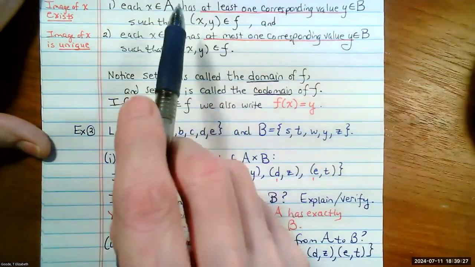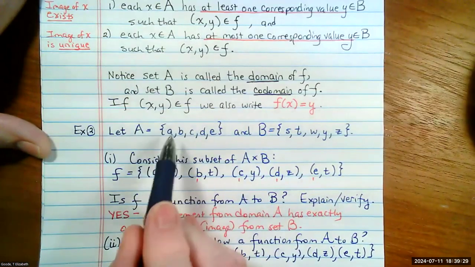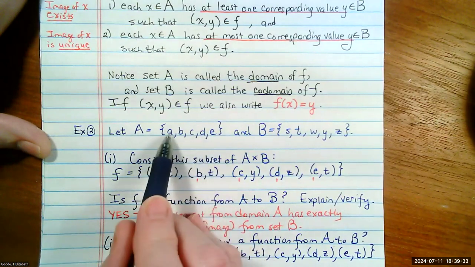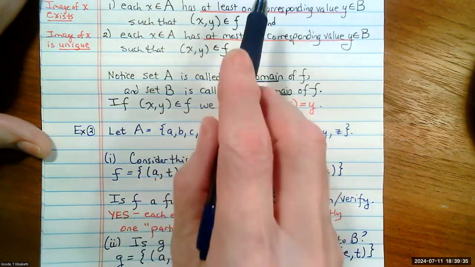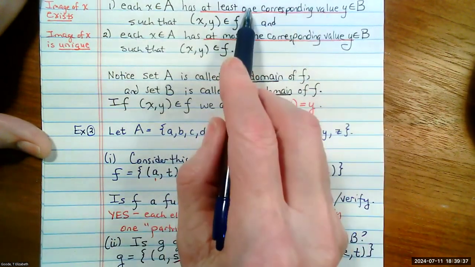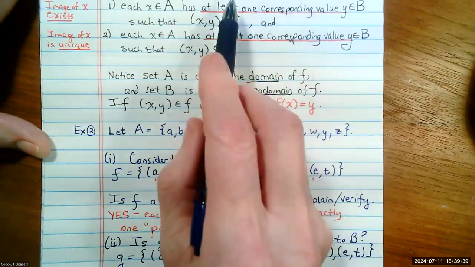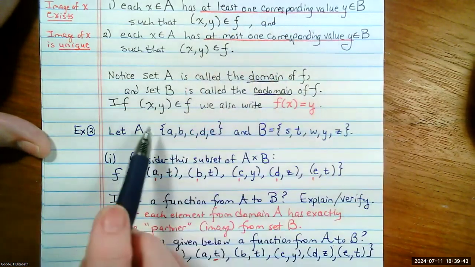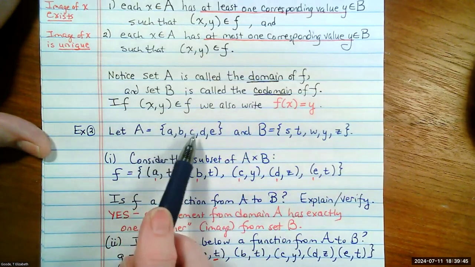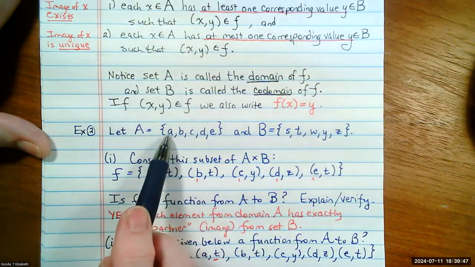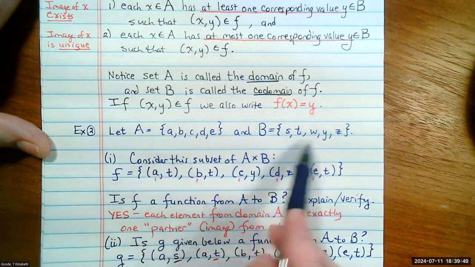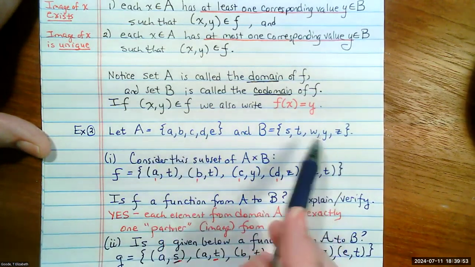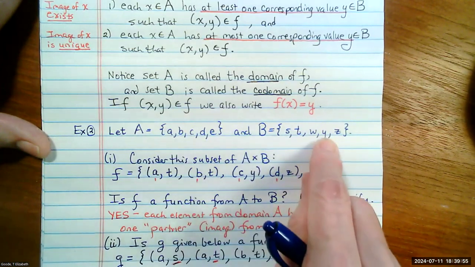Well, the definition says if you look at each element of A, these are the domain elements. Each one of these has to pair up with a y. There's got to be a y that it pairs up with. That's what at least one means. It means there's got to be some y that each of these will pair up with. a's got to pair up with some y, b's got to pair up with something from B, c's got to pair up with something from B. It doesn't have to be this y, okay?